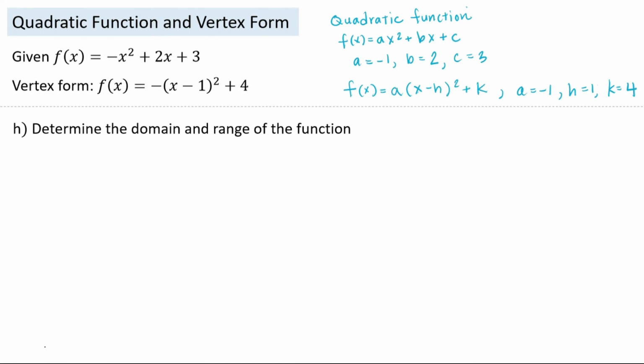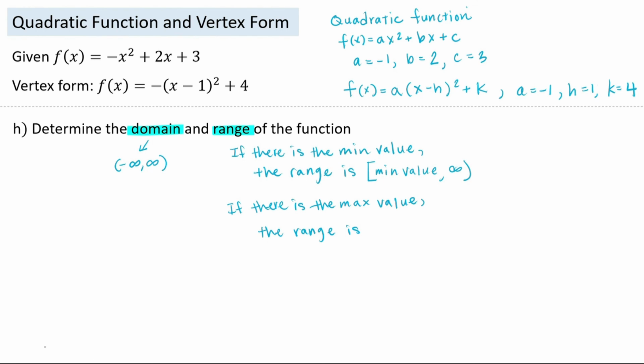Let's find the domain and range of the function. The domain of a quadratic function is from -infinity to infinity. If there is a minimum value, then the range is from the closed interval of the minimum value to infinity.